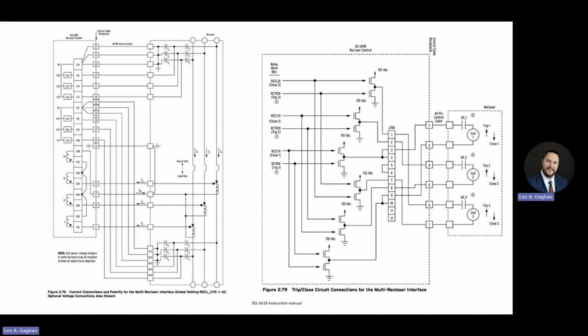And then these, they actually look like they're represented as, and they're not, but it looks like they're representative almost as transistors to show when the settings are asserted or deasserted, and how they drive the trip coils.